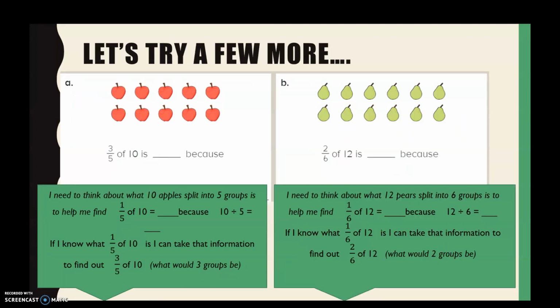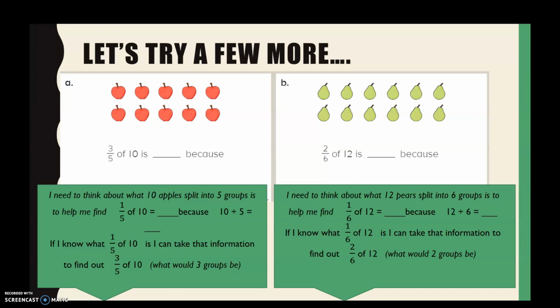I'm going to give you some thinking and some ideas on how to think, and then kind of let you think a bit. So we have 3/5 of 10 of the apples. So you're thinking about, we have these 10 apples. I'm splitting them into 5 groups because that's my denominator. What would that 1/5 be? So if I had 10 apples split into 5 groups, 1/5 of 10 is going to be how much?